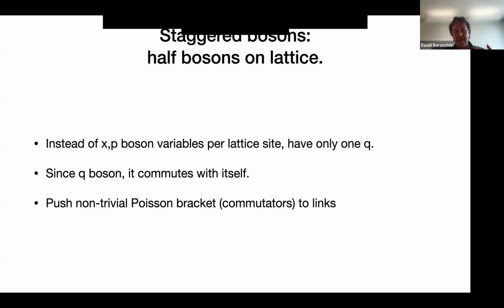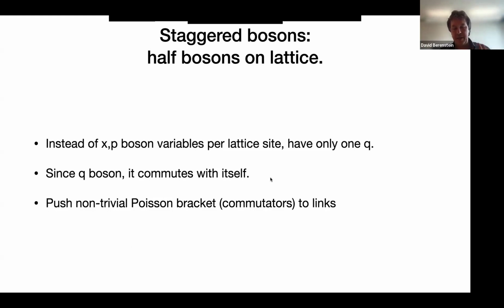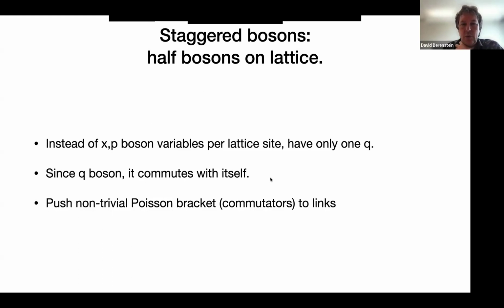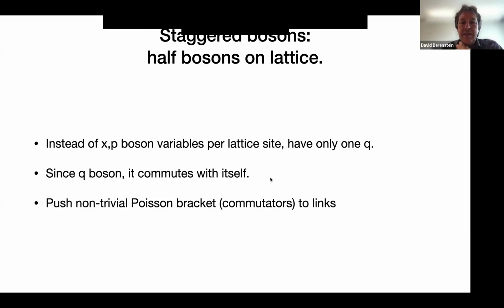So the idea is that instead of having local operators with a simple xp at each site, you have half a degree of freedom, and you trade the non-trivial commutation relations to the topology of the lattice, and then the Poisson brackets or the commutators are going to be the thing that induces dynamics in the system that relates the neighbors to each other.